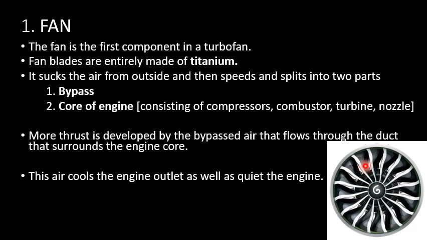Mostly the blades of a turbofan are entirely made of titanium, but some new engines like the General Electric engines are also using carbon fibers as the blade material in order to reduce the weight and to increase the strength of the blade material.